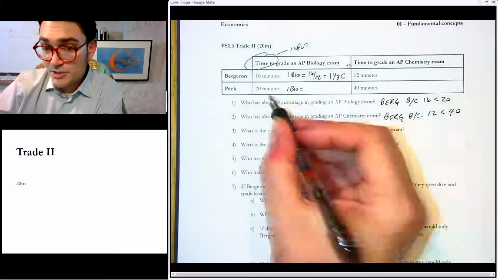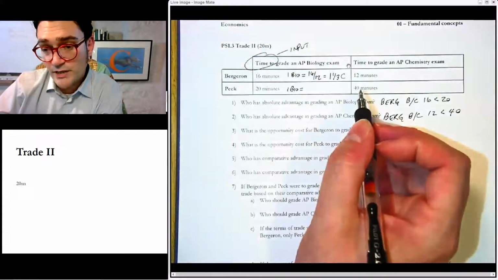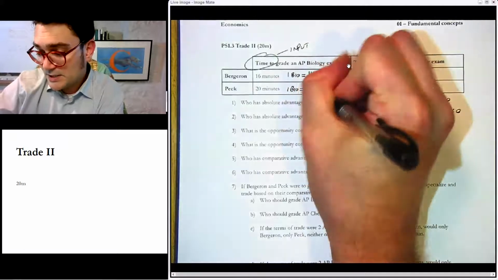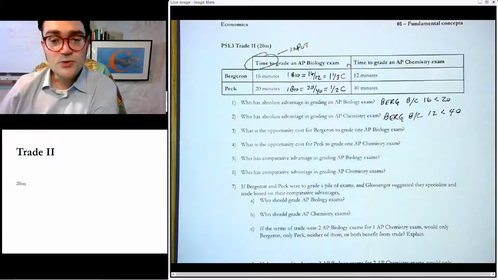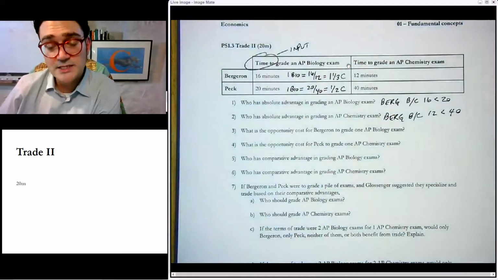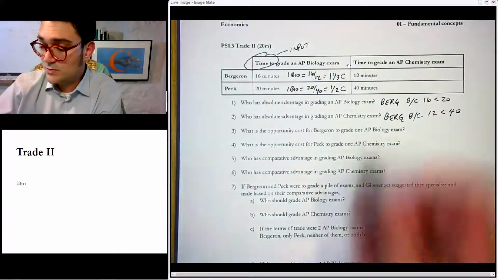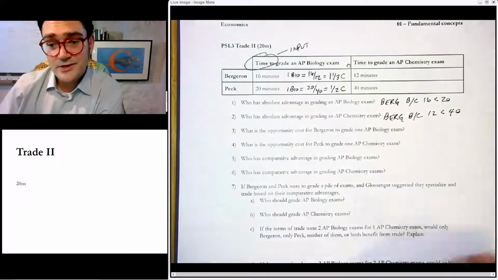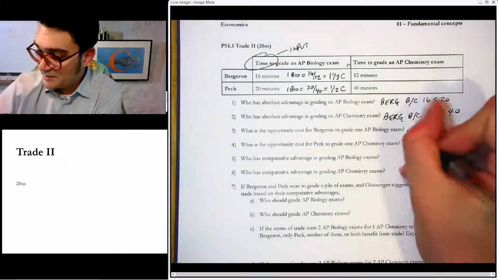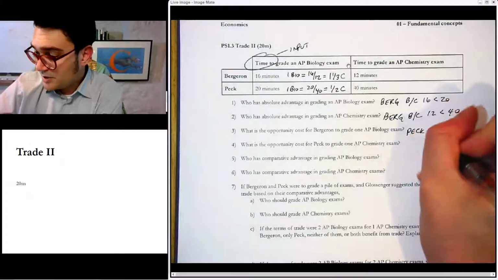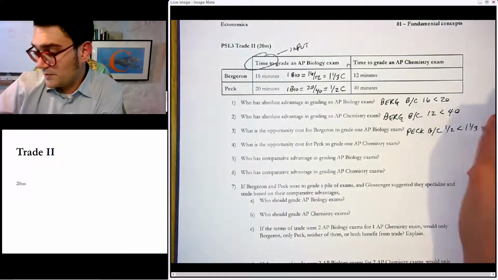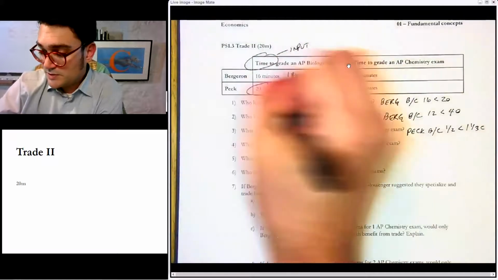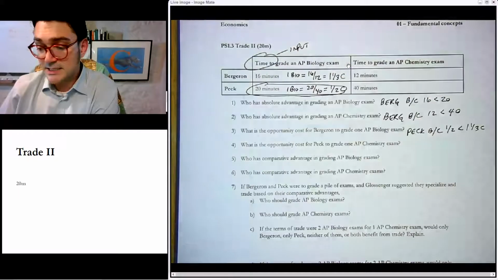Now the inside number here is 20 over 40. And so hopefully that one's a little easier. 20 over 40 is 1/2. So who has the lower opportunity cost of grading a biology test? 1/2 versus 1 1/3. Well, biology, clearly Peck. And that's because 1/2 is less than 1 1/3 chemistry.